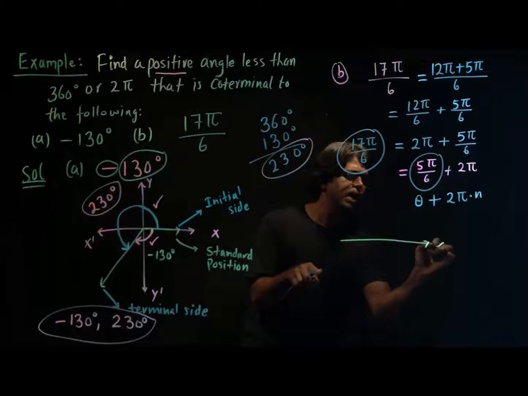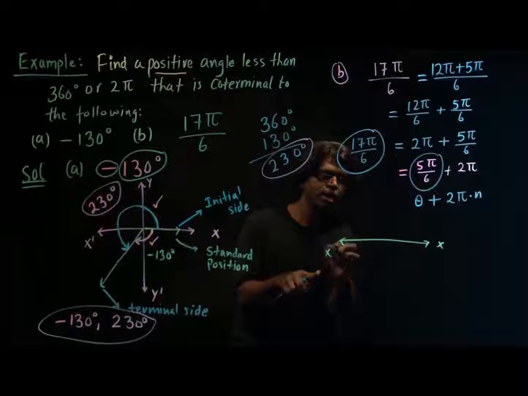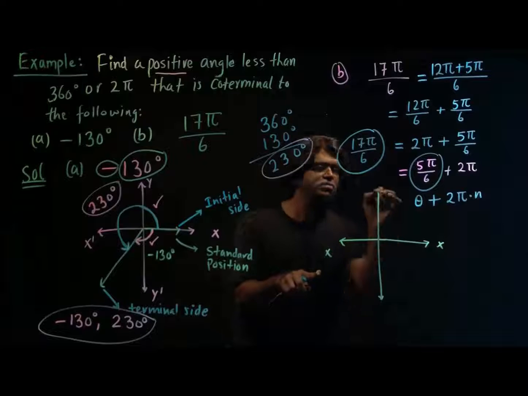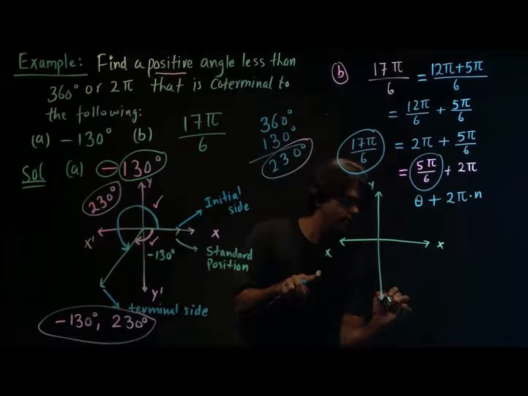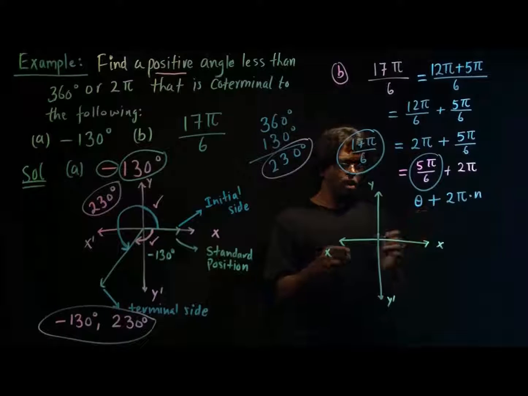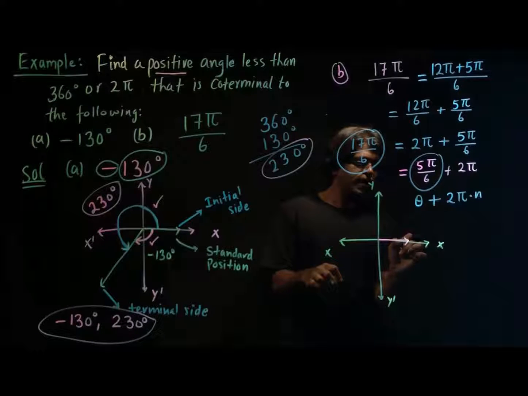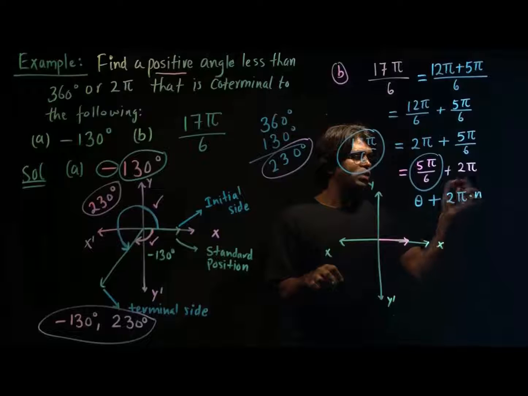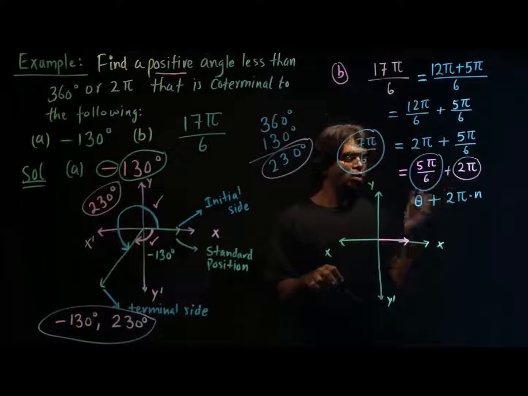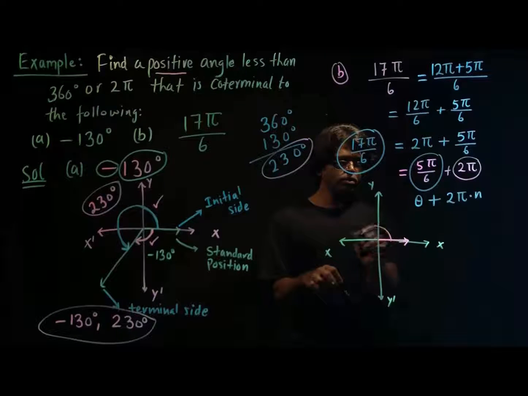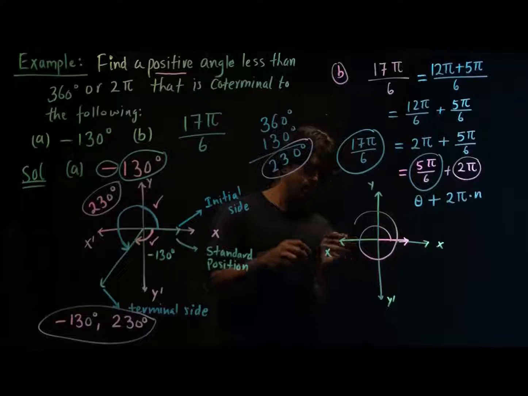So this is my x-axis and this is my y-axis. Now I need to go one cycle or one rotation, which is 2 pi counterclockwise. So let's go 2 pi, and then I need to go pi over 6, which is this.